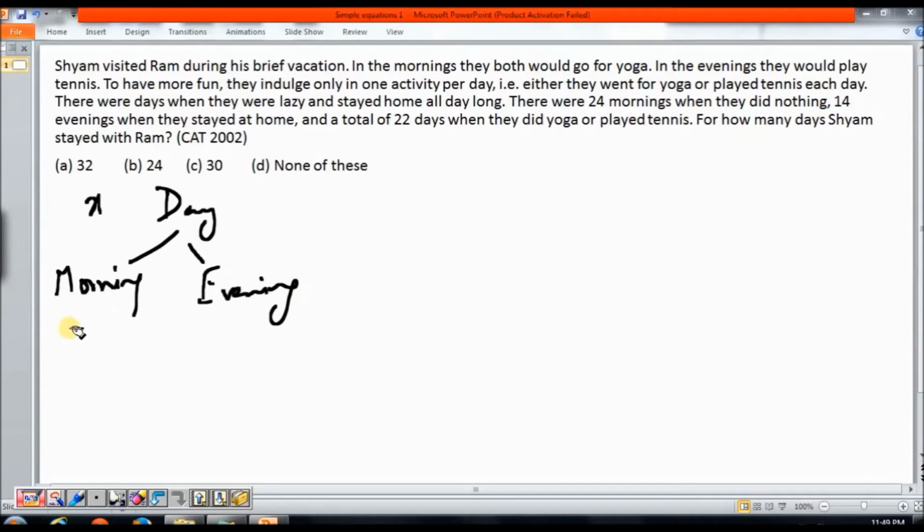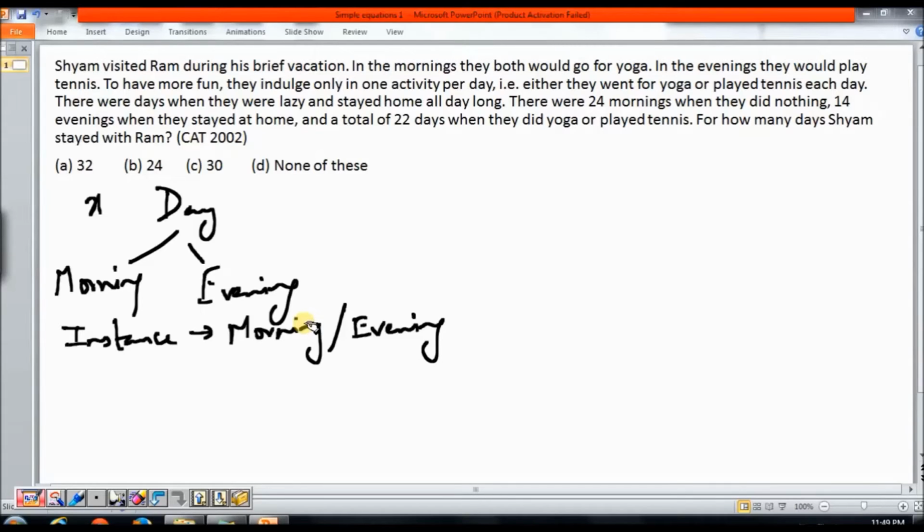Together, mornings and evenings, I am giving a new name, which is called an instance. So an instance can refer to a morning or an evening. Now, why am I creating another variable called instance? You will understand in a minute.